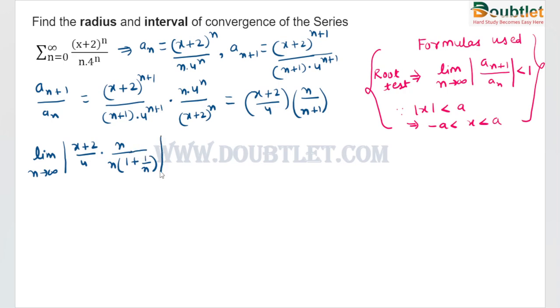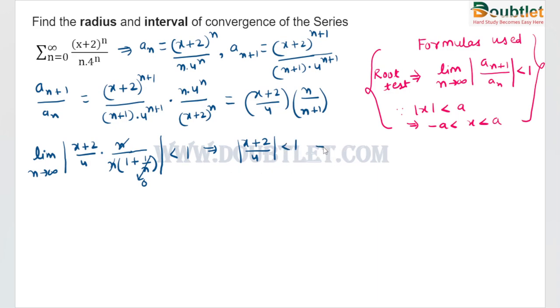This has to be less than 1. The n cancels the n, and 1 by n tends to 0 because 1 by infinity is 0. So the whole term becomes mod of (x plus 2) divided by 4, less than 1.